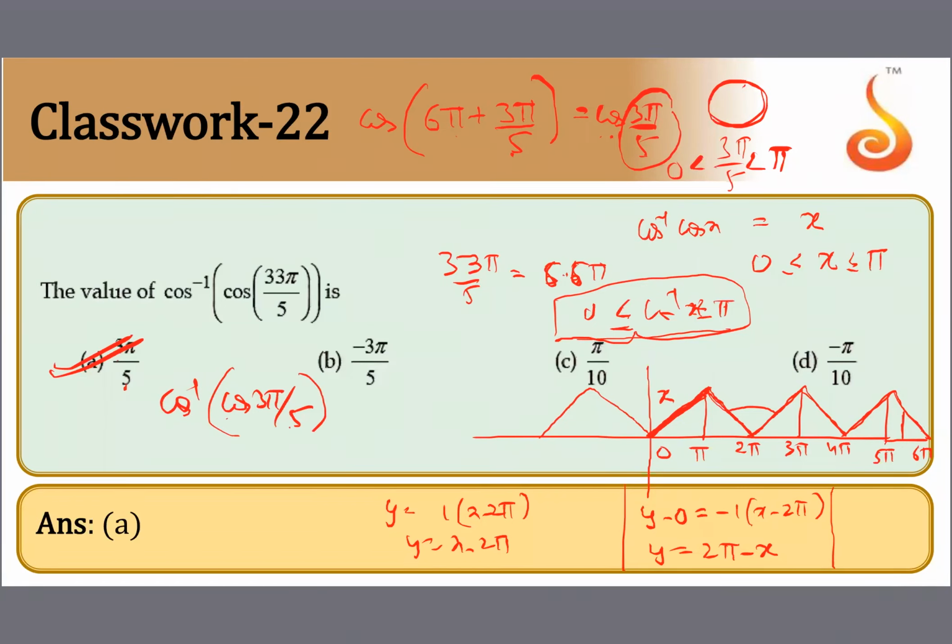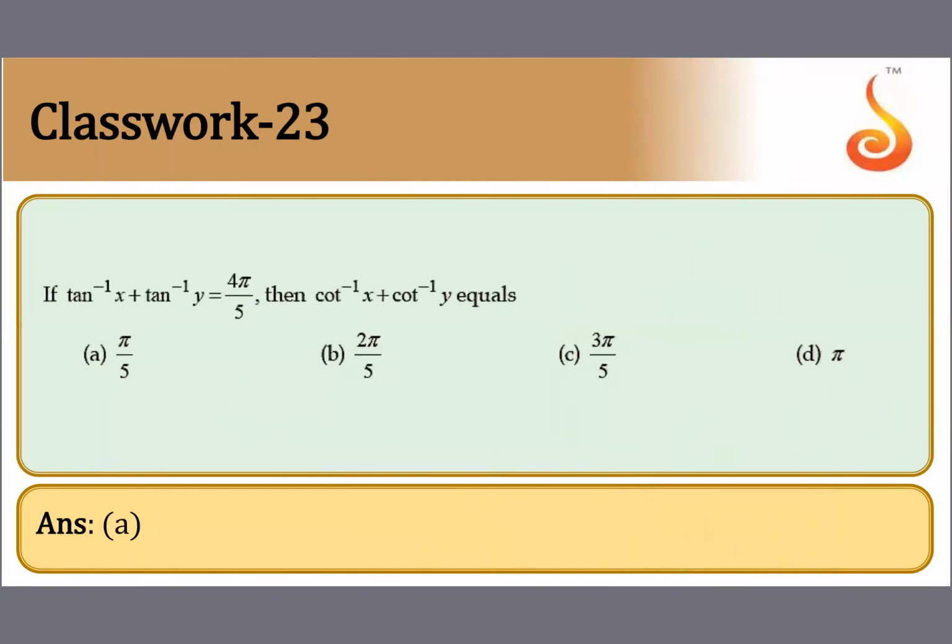Next one. Any doubt? 22. Simple problem. Tan inverse x plus cot inverse x equal to pi by 2. Tan inverse y plus cot inverse y is also pi by 2.